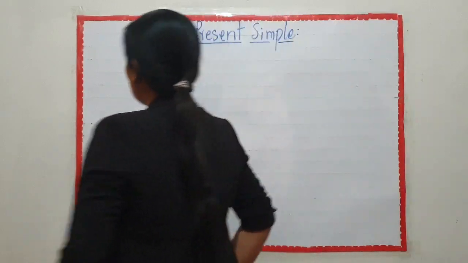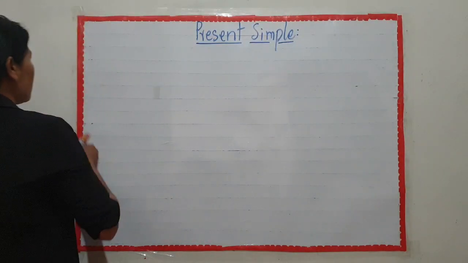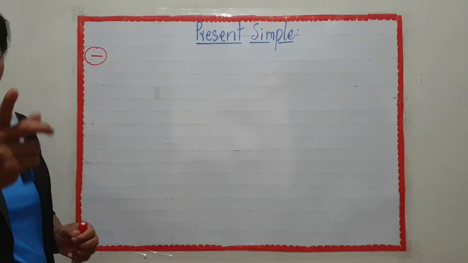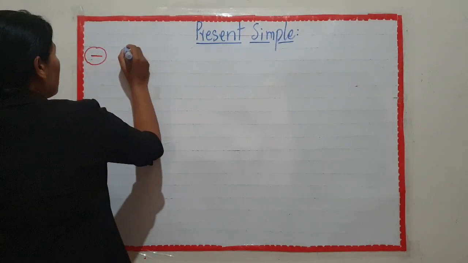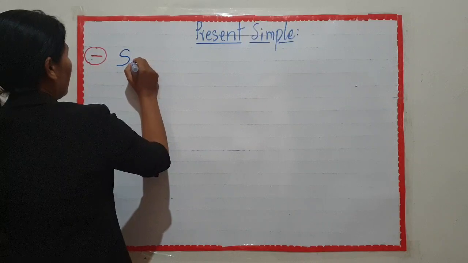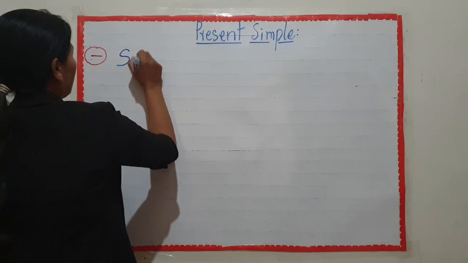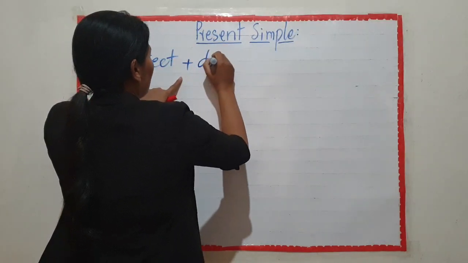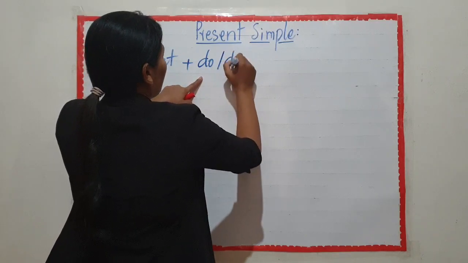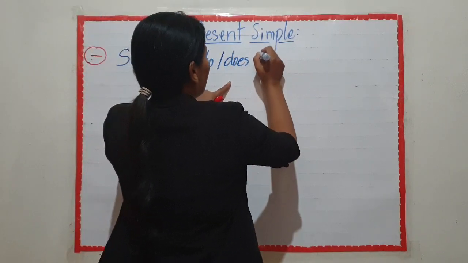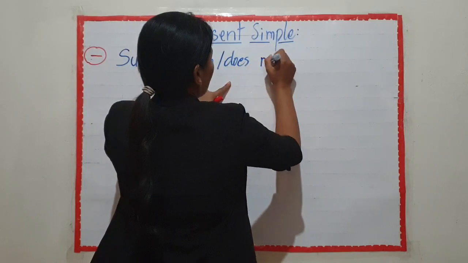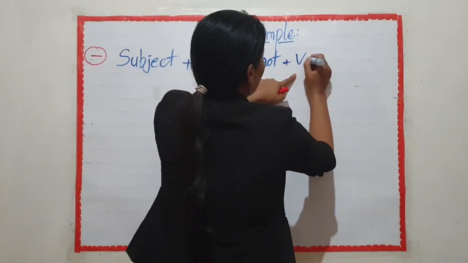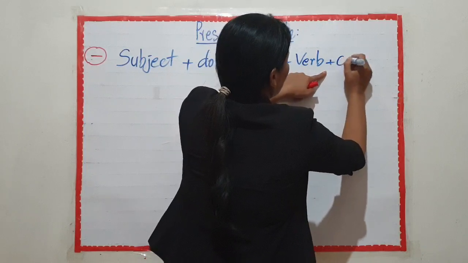But today, teacher will teach you the negative sentence. Teacher will just write it like this. I hope that everyone knows the negative sentence. The negative form is like this: subject plus do or does, and then not, plus verb, and complement.